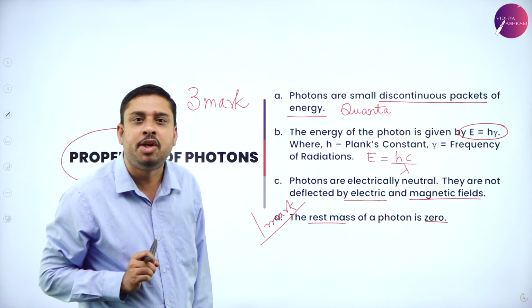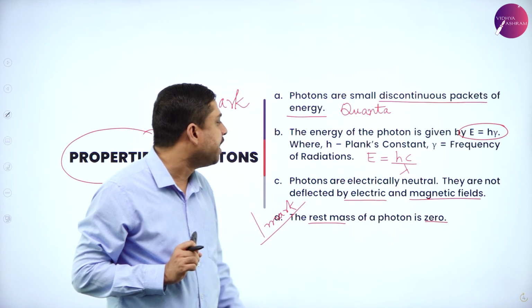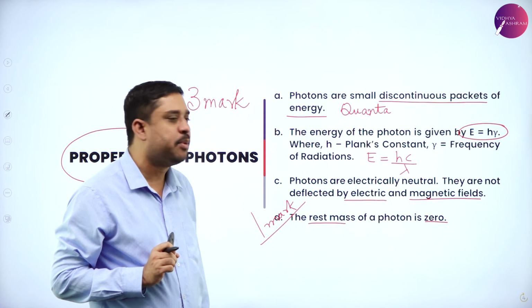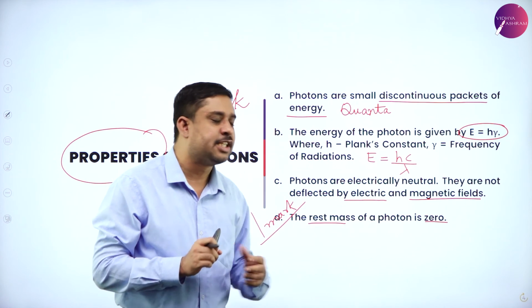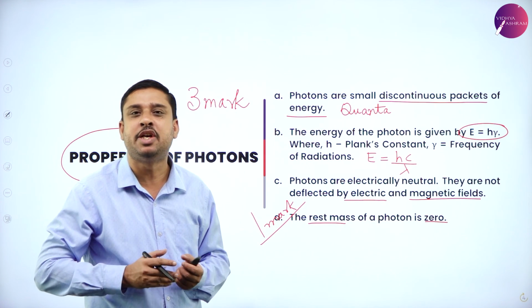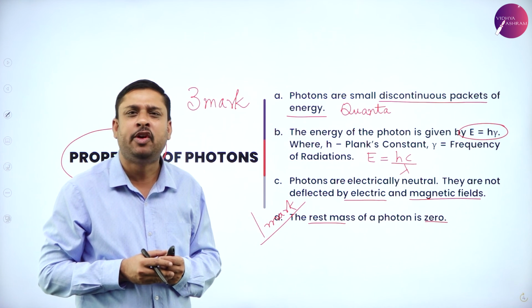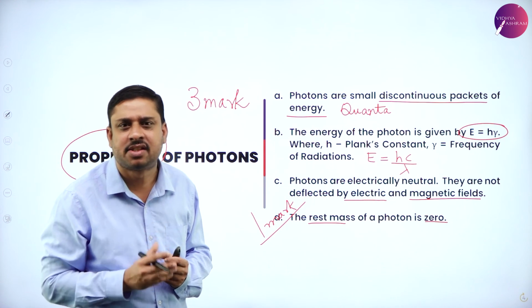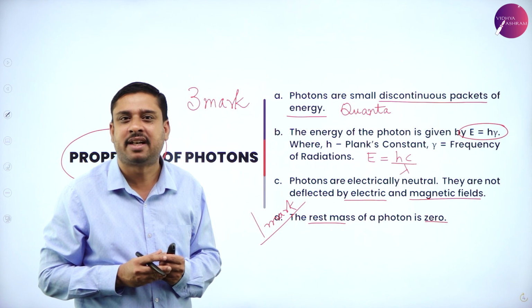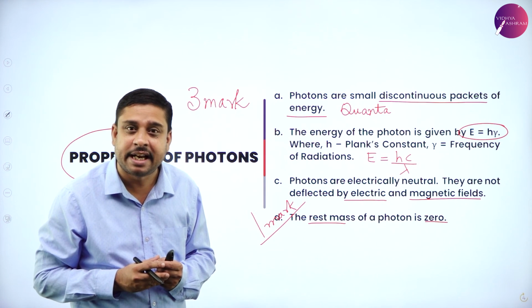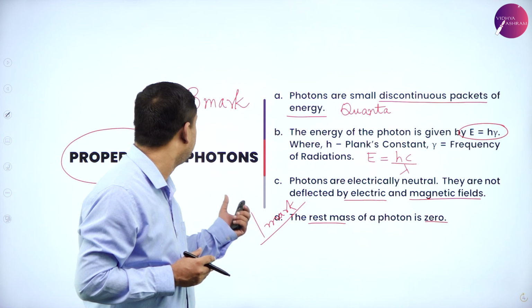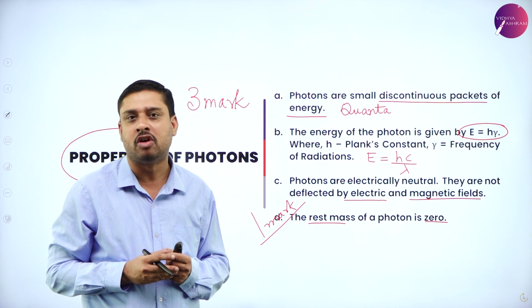They are electrically neutral, hence not deflected by electric and magnetic fields, and the rest mass of the photon is zero. So in this session, students, we have beautifully discussed the facts of photoelectric effect using Einstein's theory, and we have understood the properties of photons.